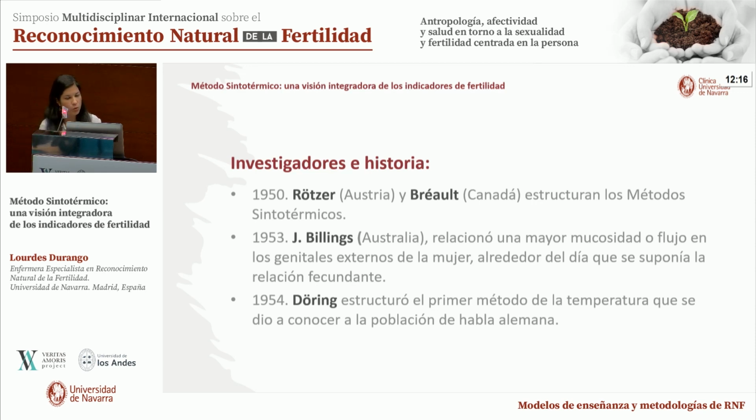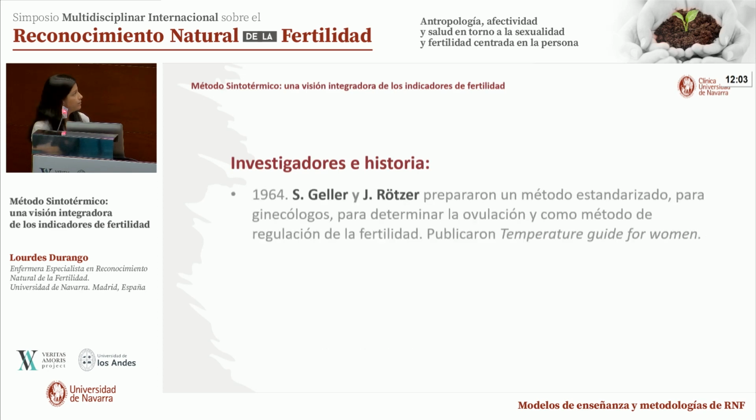In 1954, Göring structured the first temperature method that was then known to the German-speaking population. And further on, Kiev added the indicator of cervical self-palpation. In 1964, Geller and Rötzer prepared a standardized method for gynecologists to determine ovulation as a method for regulating fertility.